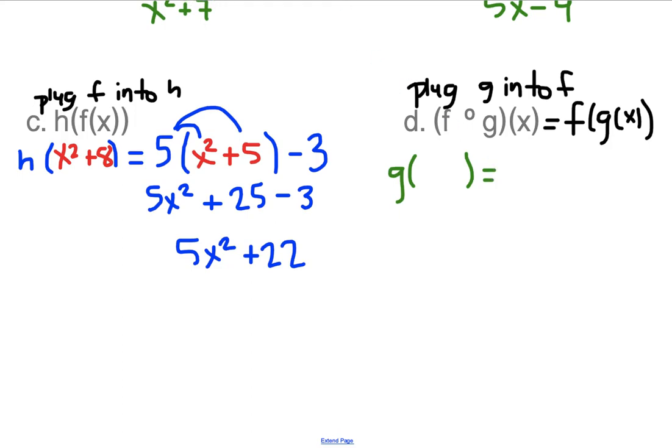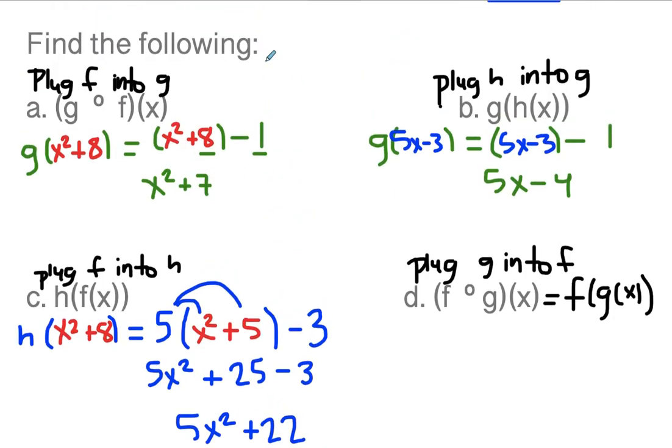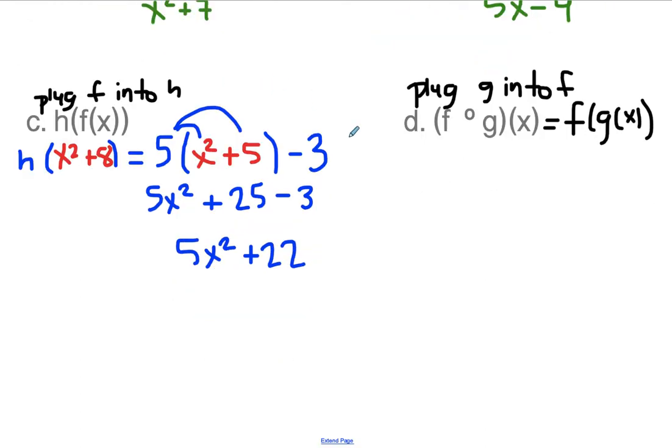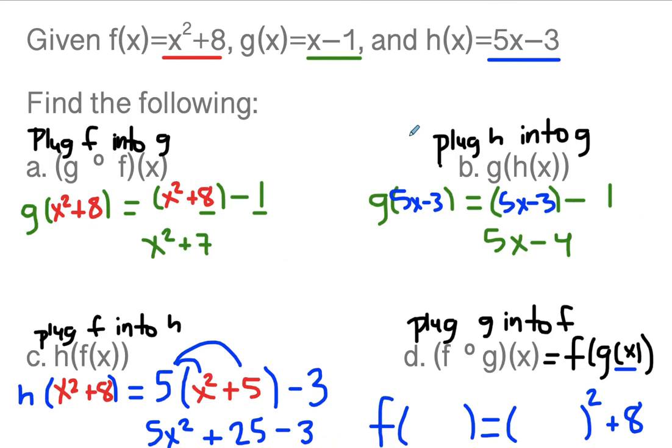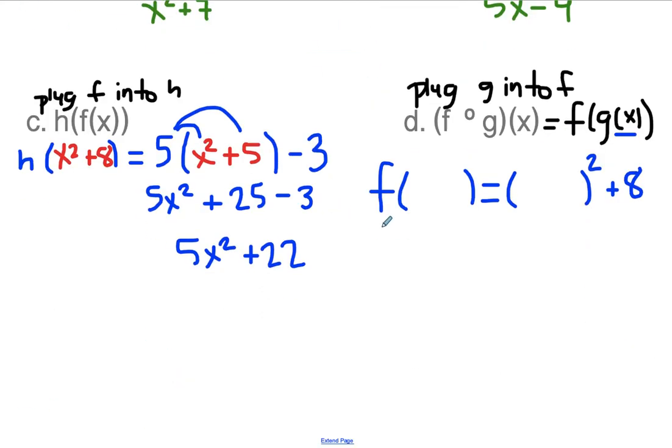I need to write the f first, my bad. So my f value in this case is x squared plus 8. So f of something equals x squared plus 8. But remember, instead of an x, I'm replacing it with that g, which was x minus 1.